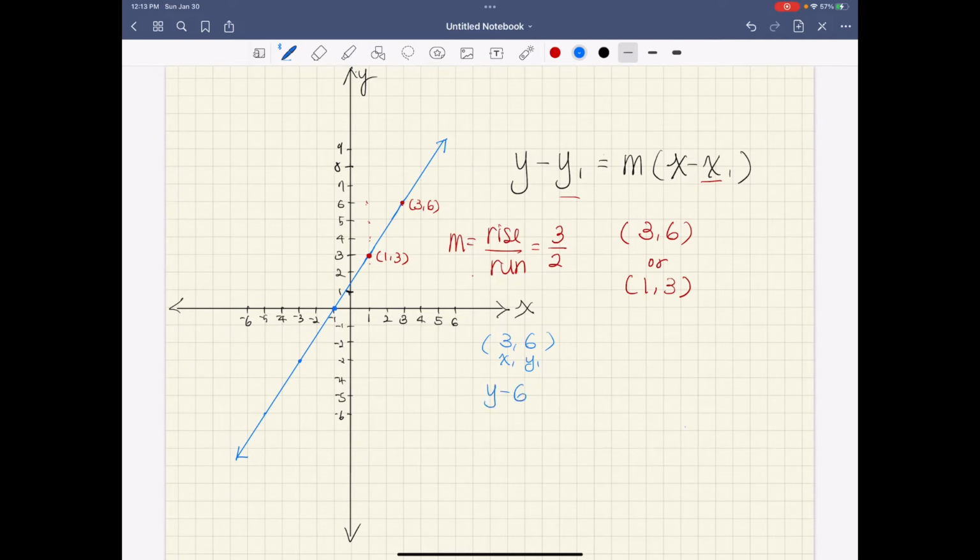Y minus 6 is equal to 3 over 2 times x minus 3. Now, if I use 1, 3, same, this is x1, y1. So y minus 3 is equal to 3 over 2 times x minus 1. So either one will be fine.